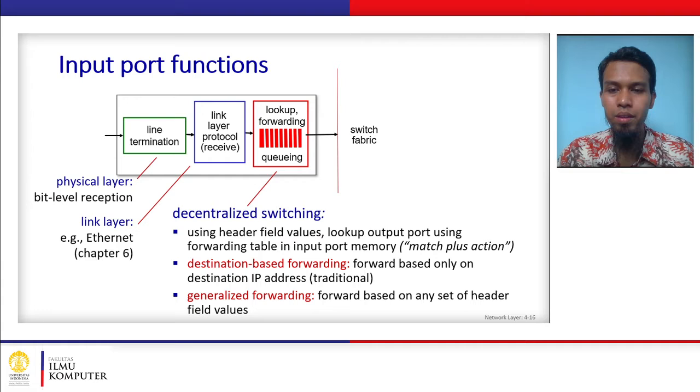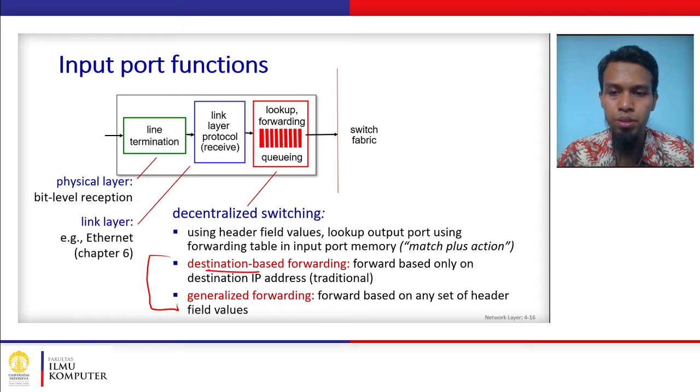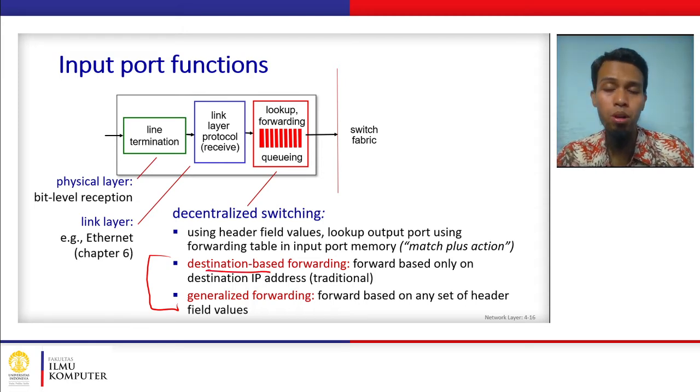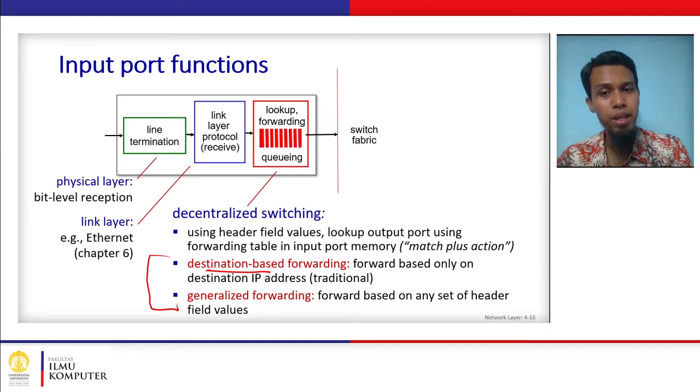Now, talking about forwarding, we have two different methods. The first, the traditional method, is destination-based forwarding. This is done in legacy routers with the per-router control plane.